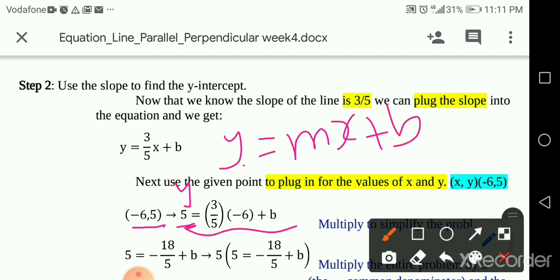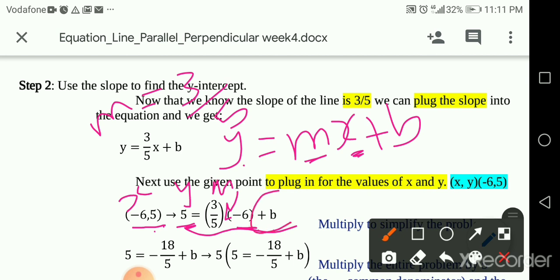Instead of m I write 3/5. And instead of x I put negative 6, plus b.